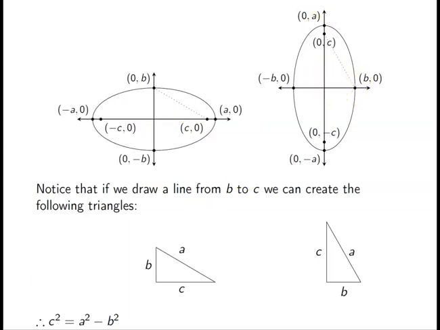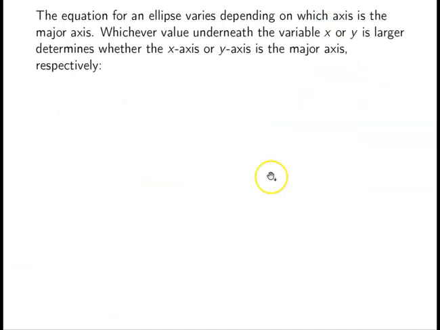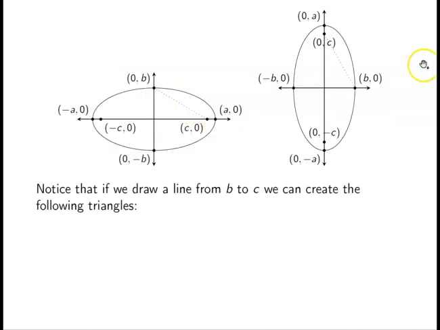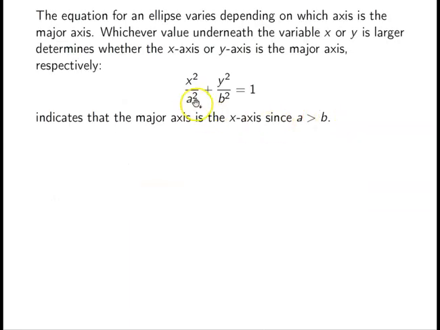In my general equation, x squared over a squared means that a is the larger number, because on this graph a is on the long side. In an actual problem it won't say a squared, it'll be a number, like x squared over 100 plus y squared over 9. The bigger number tells me which axis is the long axis.